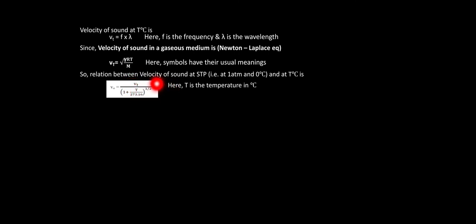After some manipulation, we will get the velocity of sound at 0 degree temperature as this much, where T is in centigrade, in terms of velocity at any temperature. I think you can all get this expression from the previous expression.